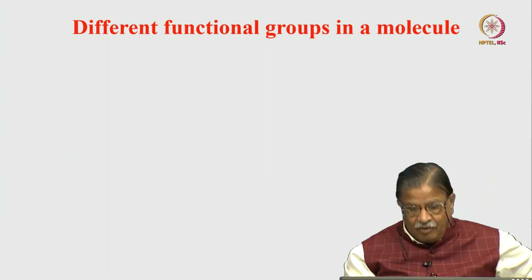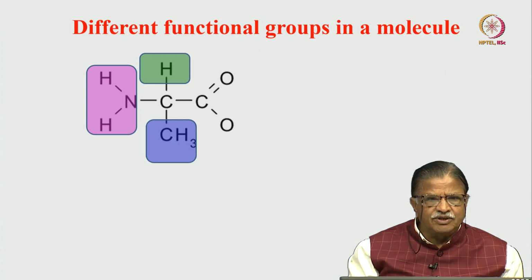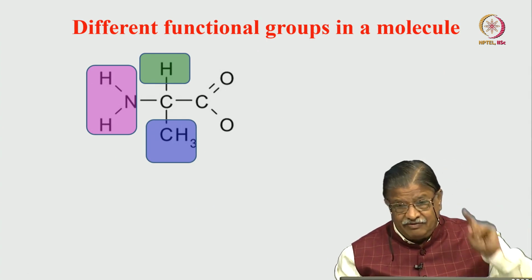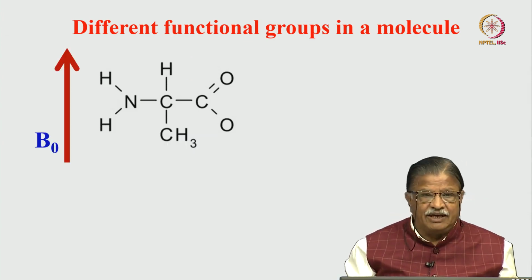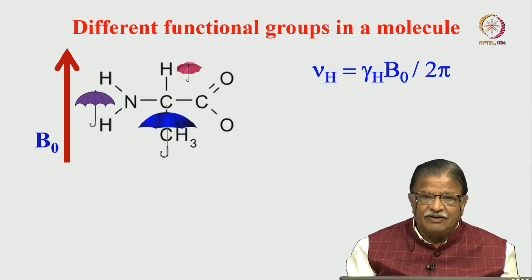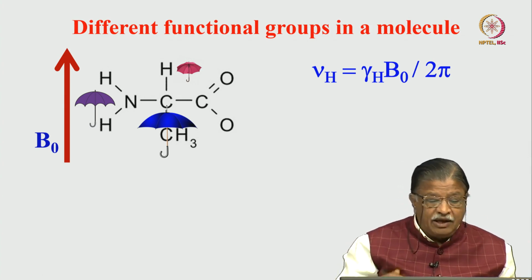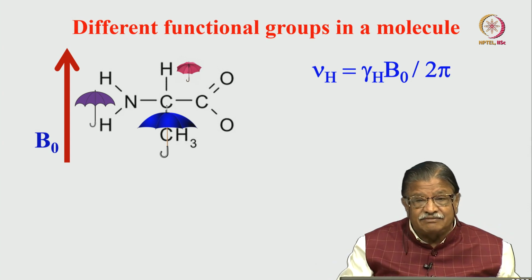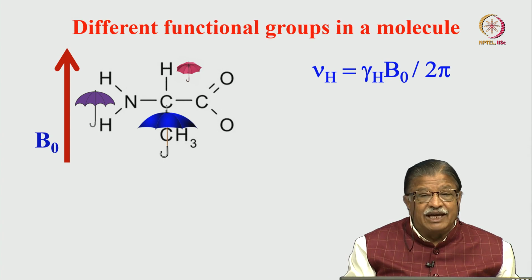Now, let us go back to the same original molecule. We have NH2, CH and CH3. What did we say earlier? When we did not consider the internal interactions, according to my equation, all were equal and gave us a single peak, because you got gamma into B naught over 2 pi, all were the same. Now, we have understood internal interactions. Charge distribution is coming because of the surrounding electrons.